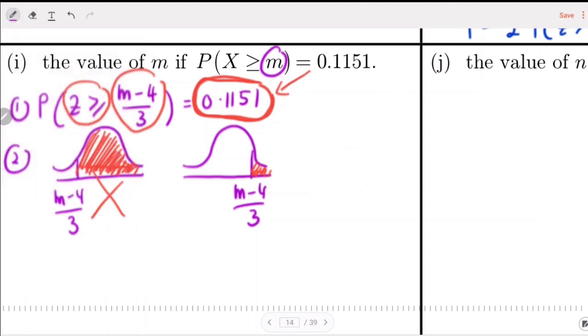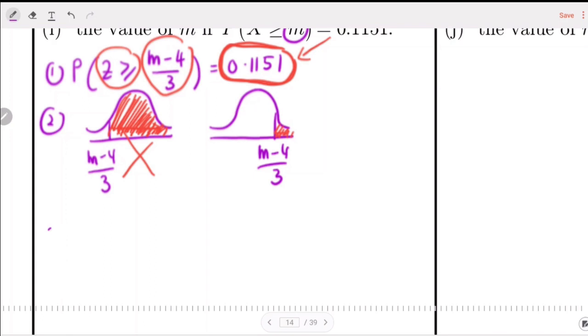Thus, proceed to the third step, which is to identify whether we need to put 1 minus or not. So since we didn't shade the middle side of our bell shape, we don't need to put 1 minus.